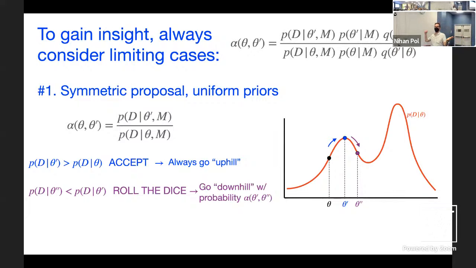And then you draw a random number between 0 and 1. If the random number you drew is less than what you got from the Hastings ratio, then you accept that. So that means you always go uphill, and there is some probability, which is alpha, of going downhill.